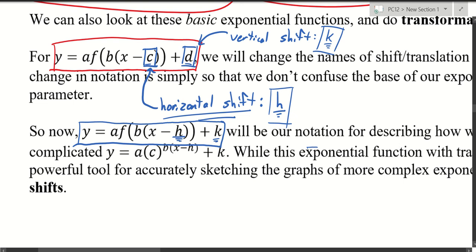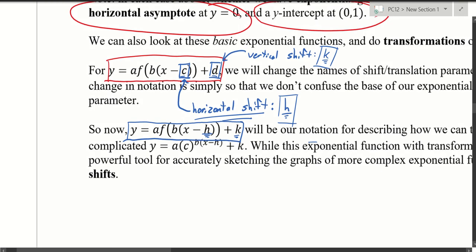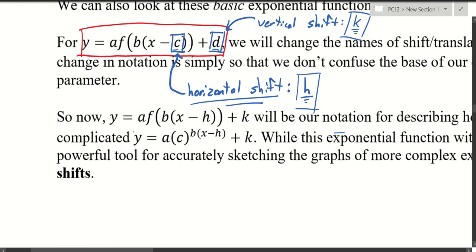So note those changes. And if we introduce those parameters directly into our exponential function, then we could write our exponential function like this. y equals a times base c, all to the power of, because our input for exponential functions is in the exponent, all to the power of b times (x minus h).